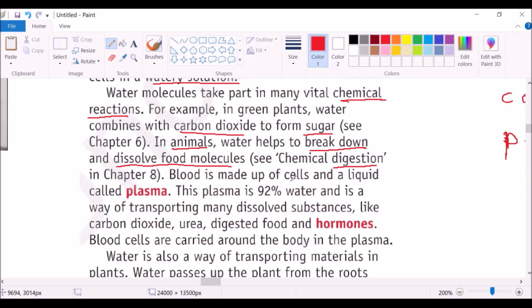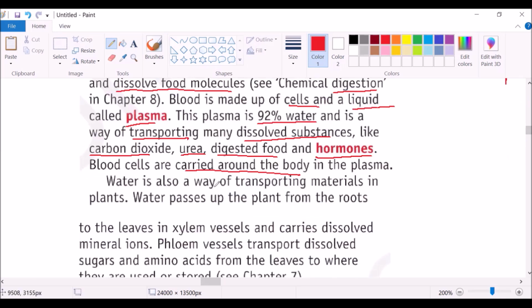Blood is made up of cells and a liquid called plasma. This plasma is 92% water and is a way of transporting many dissolved substances like carbon dioxide, urea, digested food, and hormones. Blood cells are carried around the body in plasma.